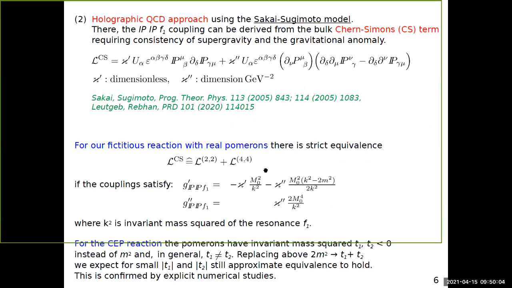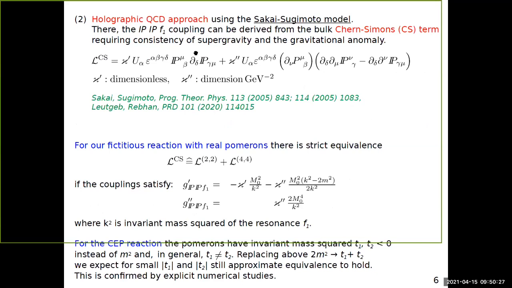Now, the second approach which we follow comes from holographic QCD, and it uses the Sakai-Sugimoto model. Here are relevant references. It looks much more sophisticated, but the coupling is determined by the gravitational Chern-Simons action describing axial gravitational anomalies.